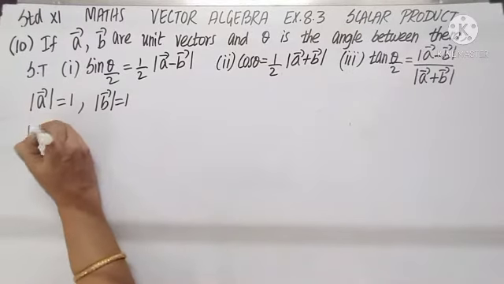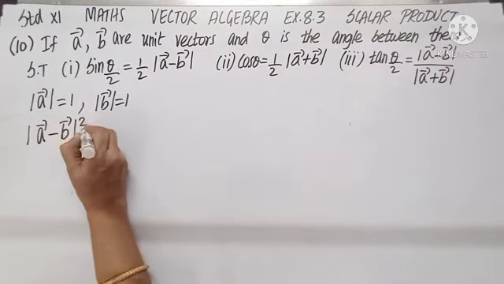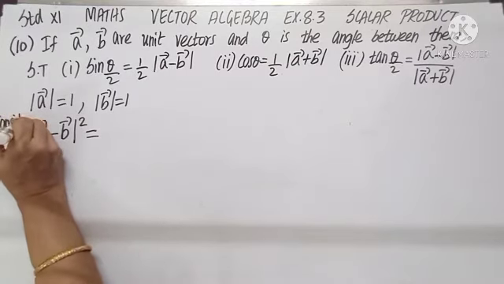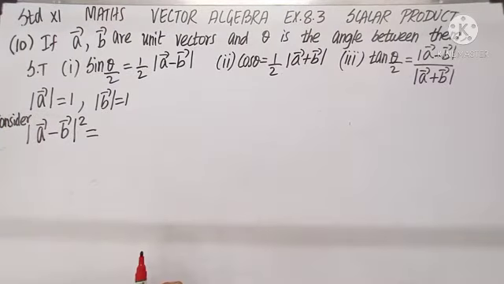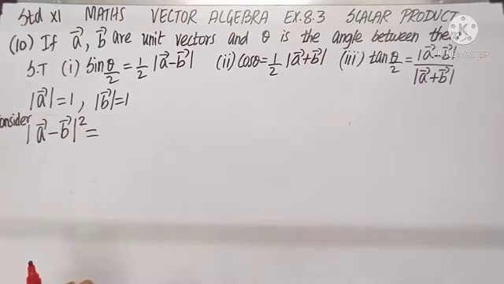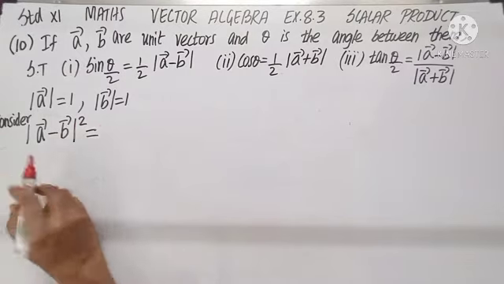Let us find out modulus of A minus B the whole square. Whenever modulus is asked in the question, consider the square of it, because we know the formula for A minus B the whole square. Even if it is modulus, square tells us I can apply the same formula.